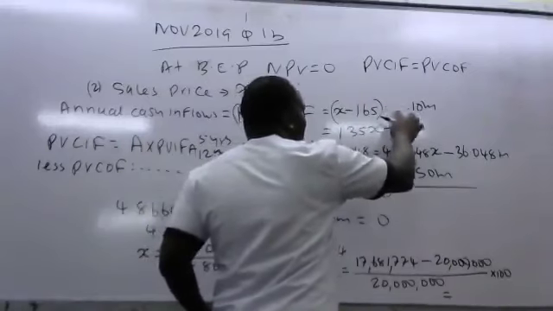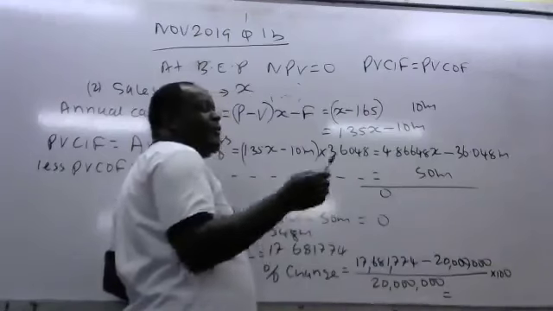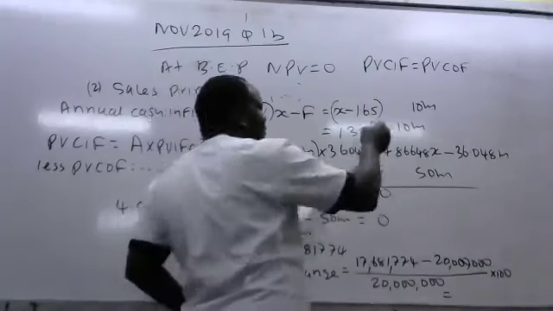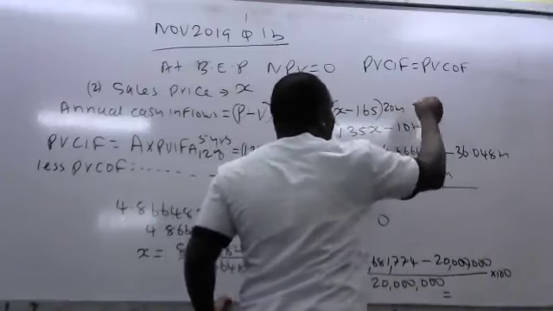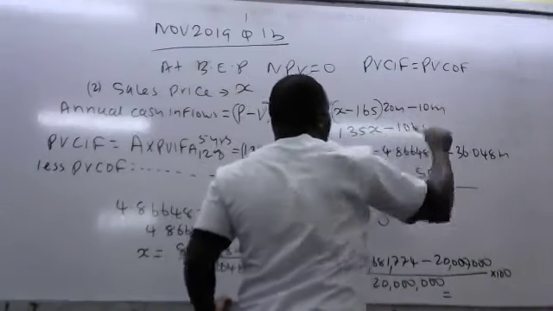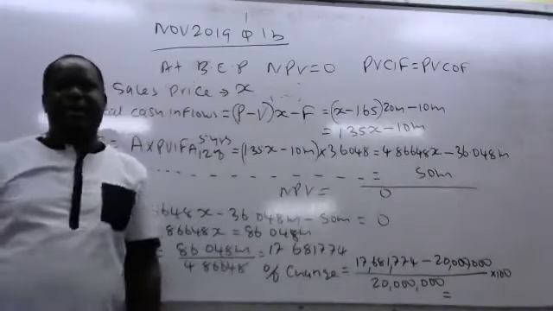We use the one that you are given. You are given how much? 20 millions. So now this goes back to 20 millions. Then you also subtract 10 millions, so that we come up with a new band.